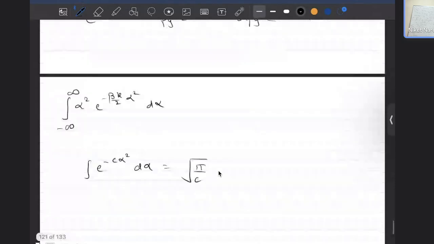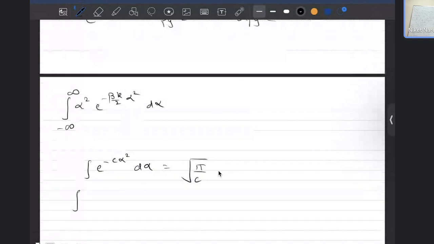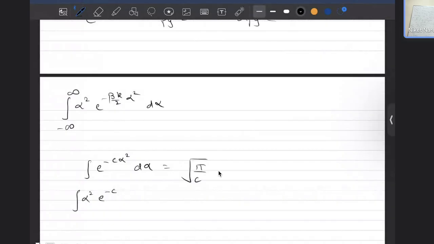So the integral of alpha square e raised to power minus c alpha square d alpha is simply del by del c, with a negative sign, of the integral e power minus c alpha square d alpha. If I do this, I will get exactly this, right?